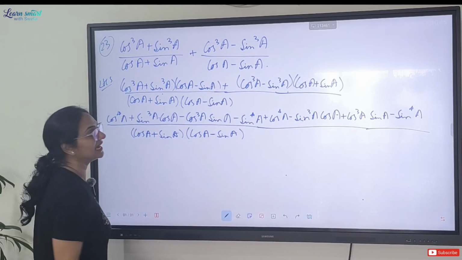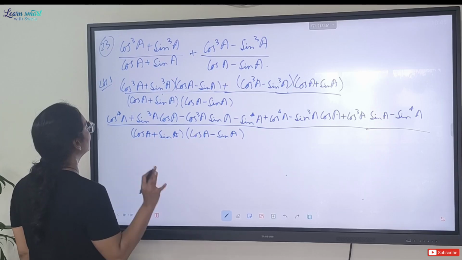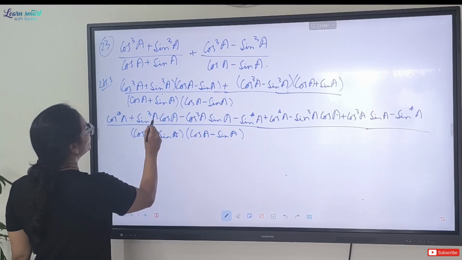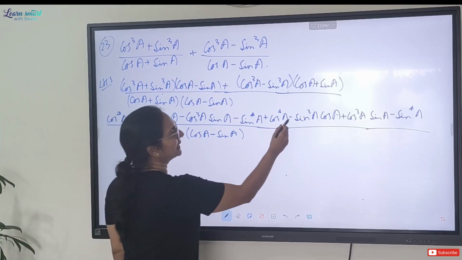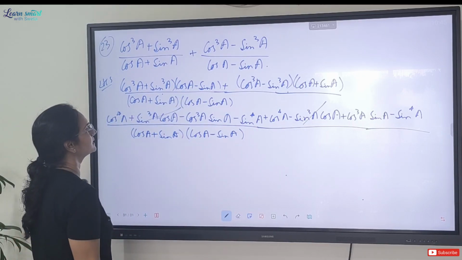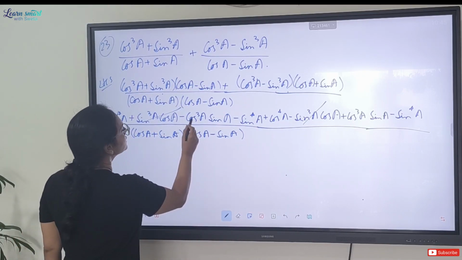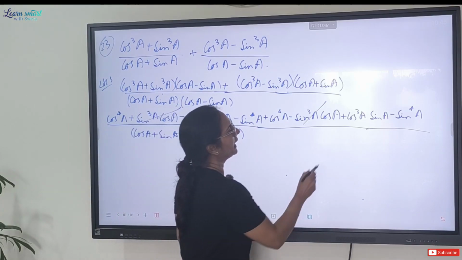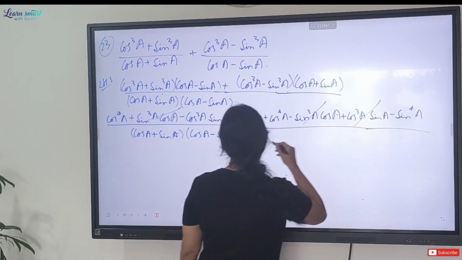So let's see if anything gets cancelled. Sin cube A cos A: this is minus and this is plus, so we can cancel this. What else? Minus cos cube A sin A and plus cos cube A sin A we can cancel.